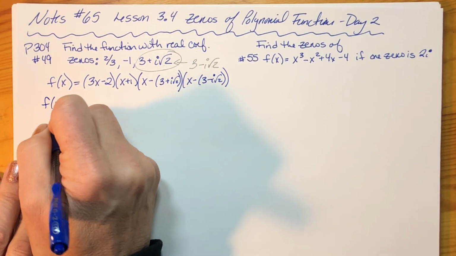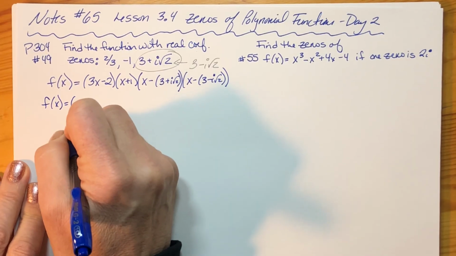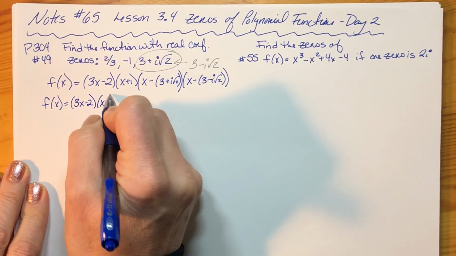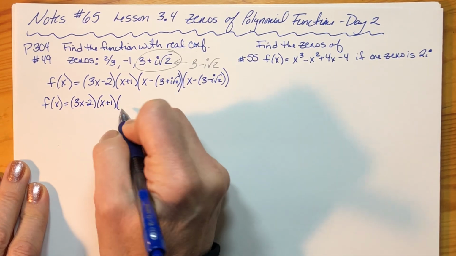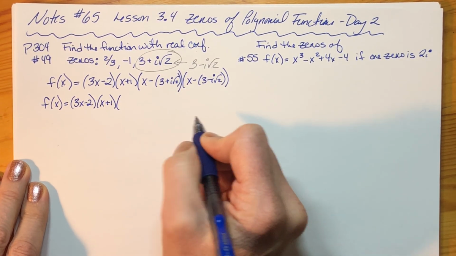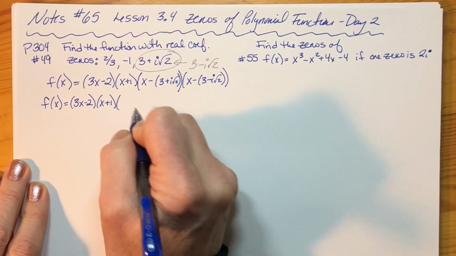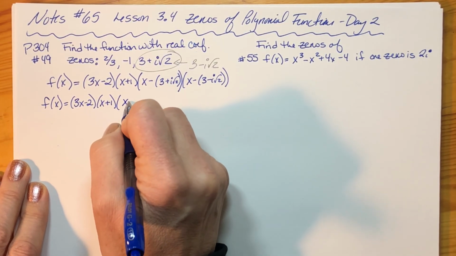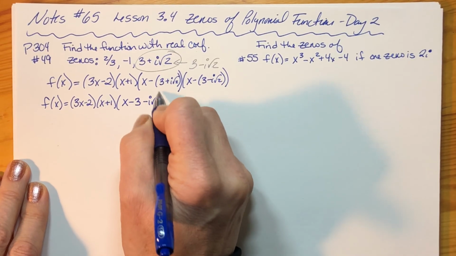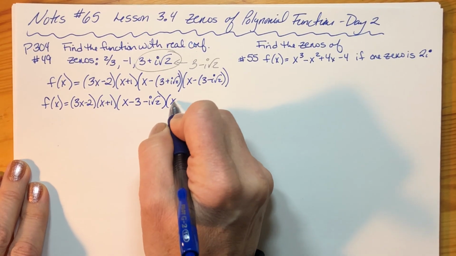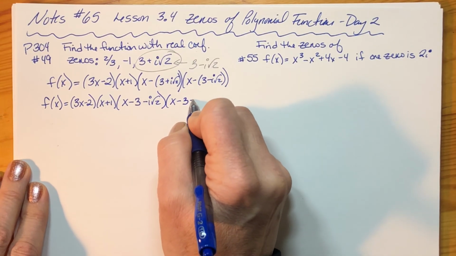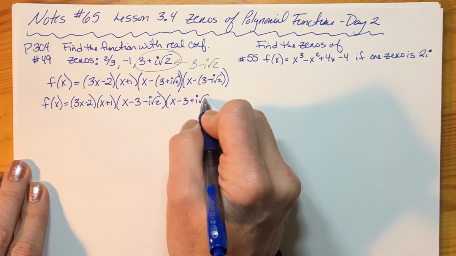This will be f of x is equal to 3x minus 2 times the quantity x plus 1. And then I'm going to distribute the minus signs here. I say it all the time, but I tend to have a little bit of problem with the minus signs. That's going to be x minus 3 minus i root 2, and then x minus 3 plus i root 2.